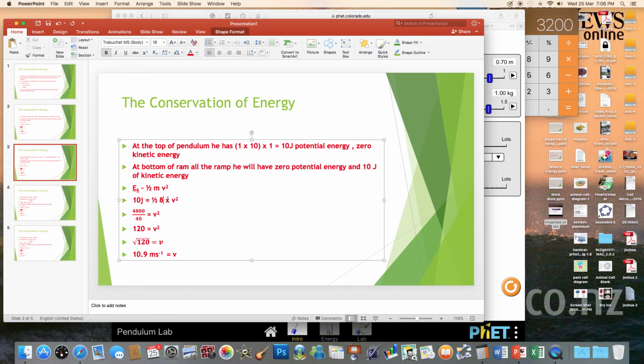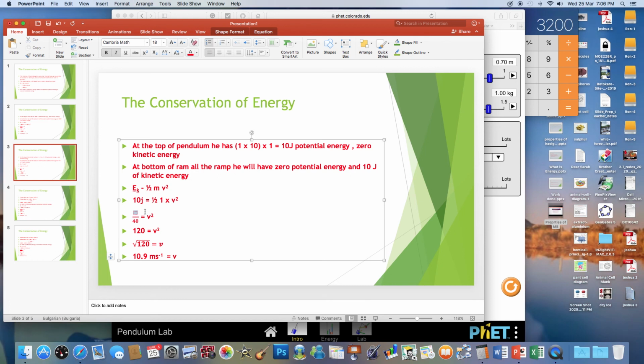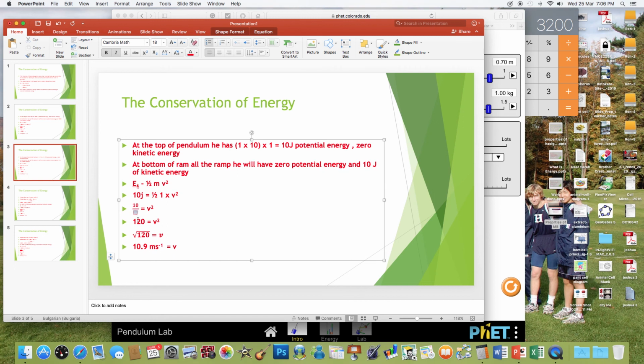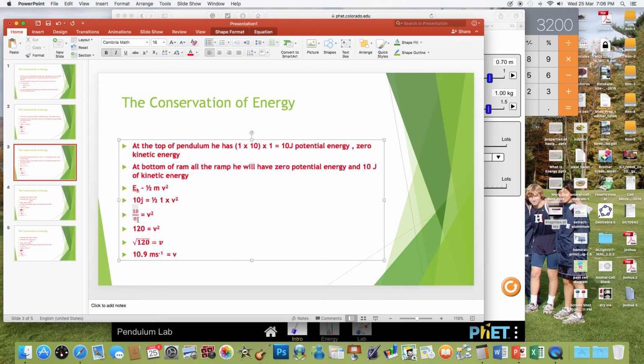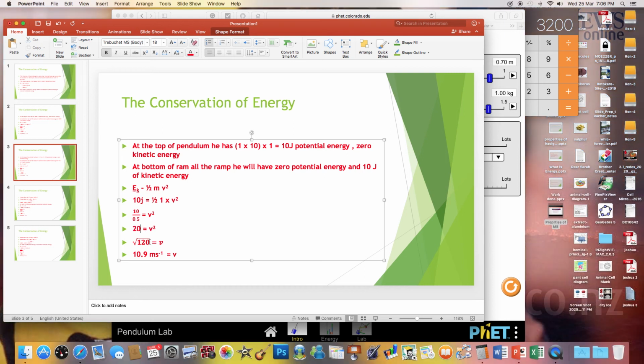This was 1, so this will be 10 divided by 0.5. That's going to be 20. So v squared equals 20.